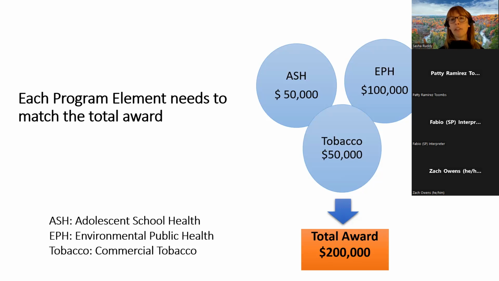The top bubble on the right, we see Environmental Public Health, or EPH, funding $100,000. And then the final bubble at the bottom, tobacco, is funding $50,000. So when we add those totals up for each program element, it needs to match that total award amount in your award letter.